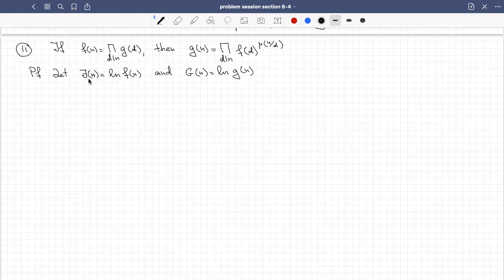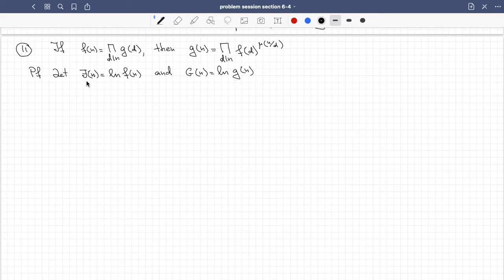Now capital F and capital G are also arithmetic functions, as f and g are. Their domain is the same, natural numbers n, while values of f are integers, same about values of g.